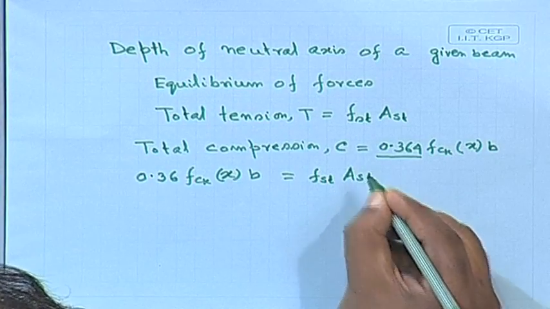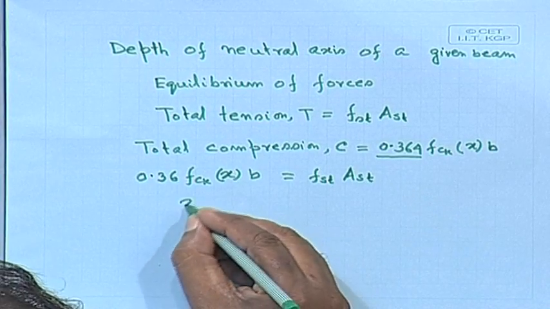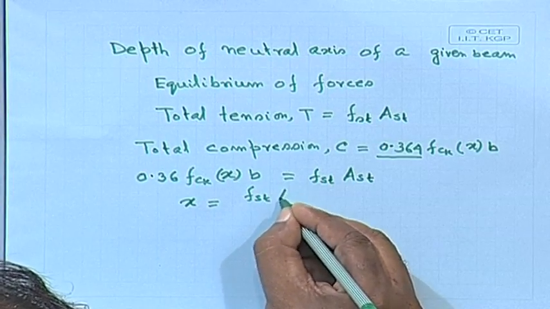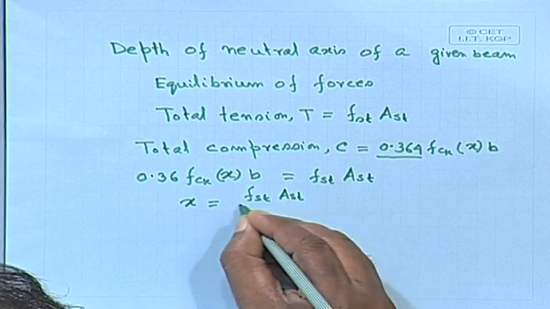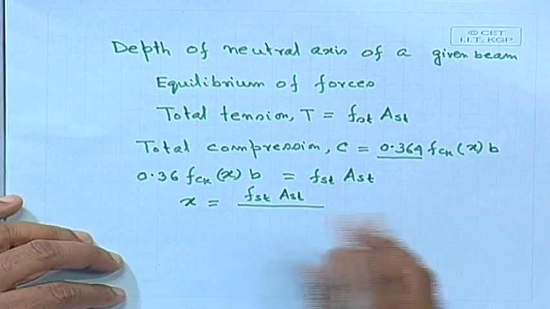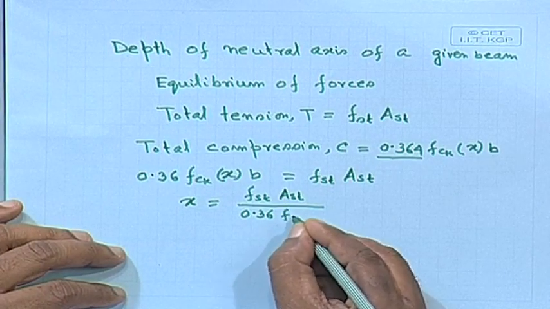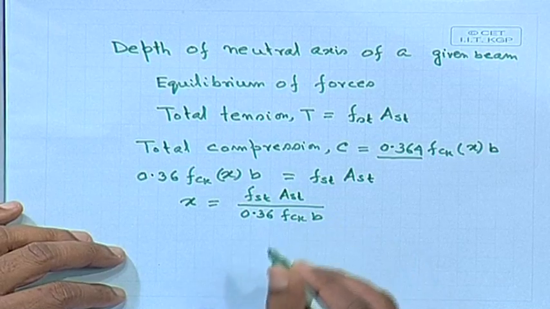FST AST equals 0.36 FCK b x, so x equals FST AST divided by 0.36 FCK b.